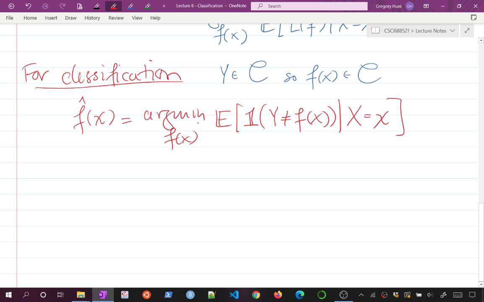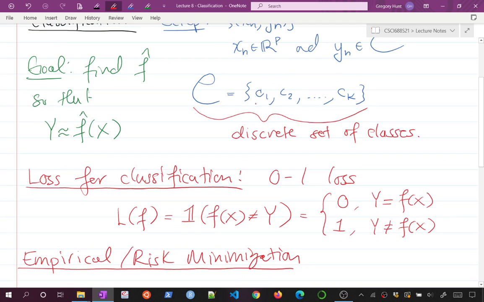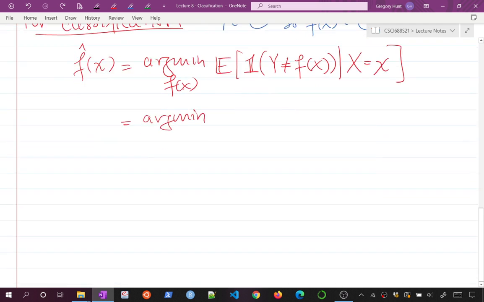In the regression case, f of x could be any number. But in our classification context, if our classes are C1 to CK, there are only capital K different values. So we're just minimizing, and you could alternatively substitute f of x with a generic little c, which is just our class.